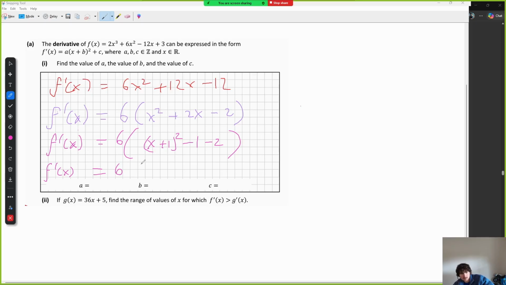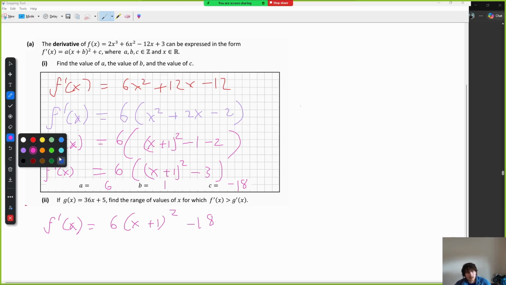So this is equal to 6 bracket x plus 1 squared, and then you combine these two things. If they're complicated fractions, you use your calculator, but they're obviously just minus 3 now. Then you multiply in by the 6 that you took out at the very beginning. So then it's 6 bracket x plus 1 squared minus 18. And then we know a, b, and c here. a is 6, b is 1, c is minus 18.